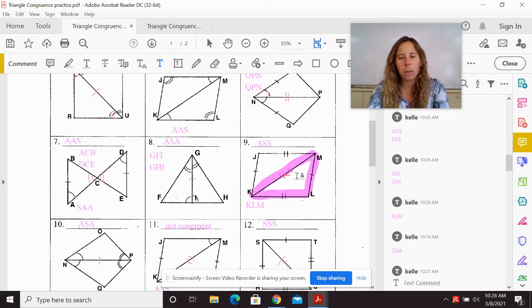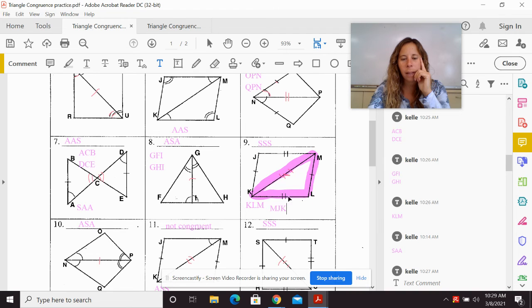So it's going to be MJ, from M to J. So K to L is the same as MJ, and then MJ, and then back down to K. Okay, and JK and ML are congruent, so that makes sense.